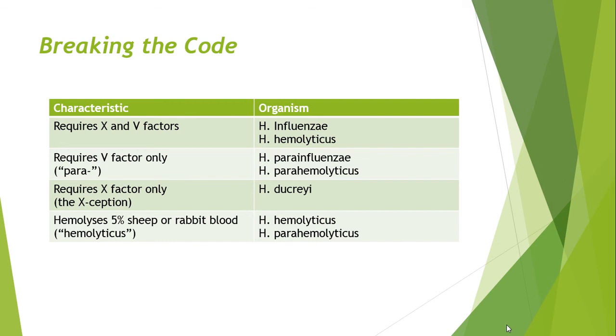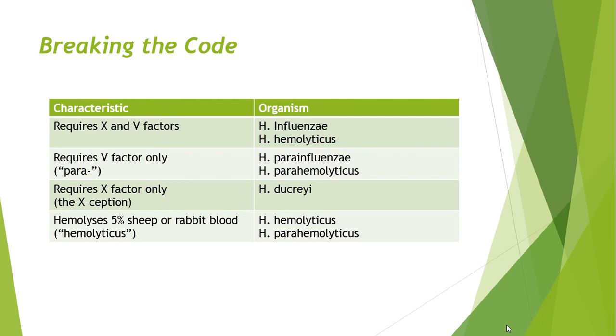Haemophilus influenzae is your main pathogen that we'll talk about. Haemophilus parainfluenzae and Haemophilus parahaemolyticus only require the V factor. If I can remember that para is V factor only, then I can spot these organisms and figure out which growth factor they need pretty easily, right?